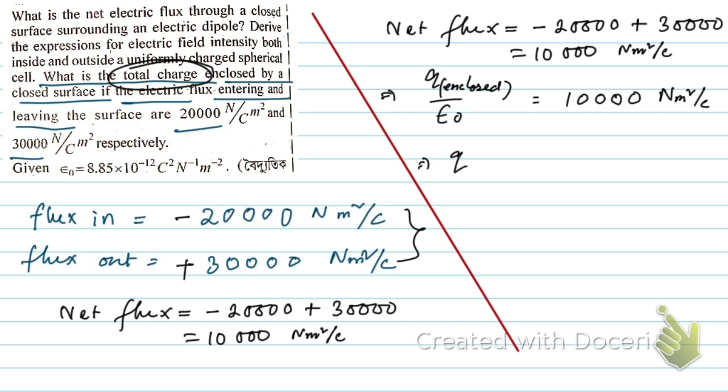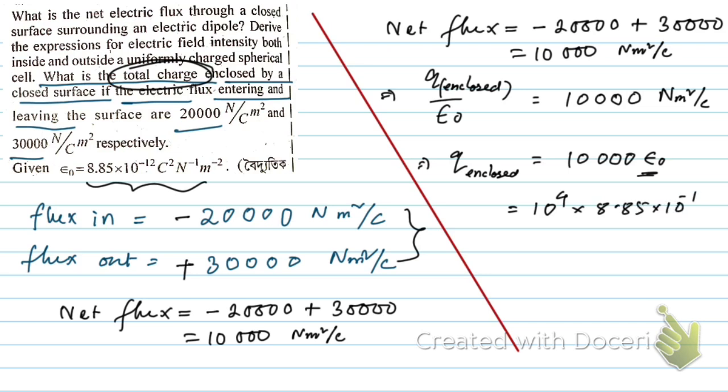So Q enclosed is going to be 10,000 times epsilon naught. We know the value of epsilon naught, it is given. So charge enclosed will be 10 to the power 4 times epsilon naught, which is 8.85 into 10 to the power minus 12.